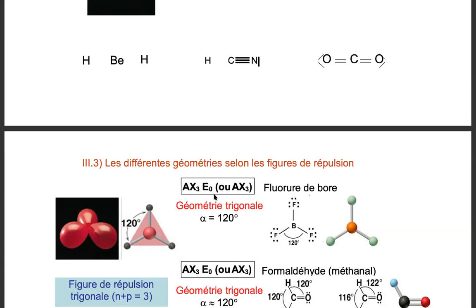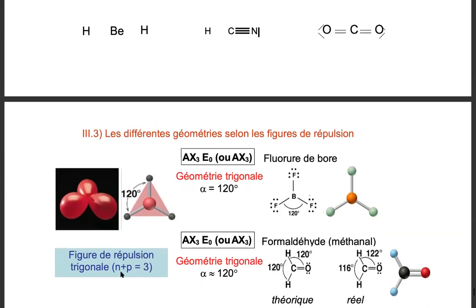And the non-liant, what do you call them? Lone pairs. It does not have any lone pairs, so it is equal to 0. Therefore, N, which is 3, plus P, the number of non-liant, is 0, so you have 3 plus 0 égale à 3.